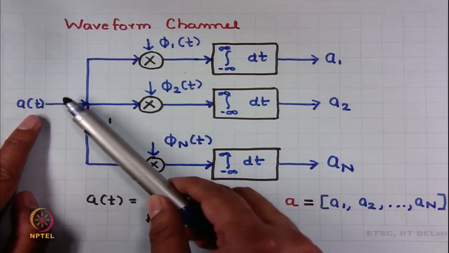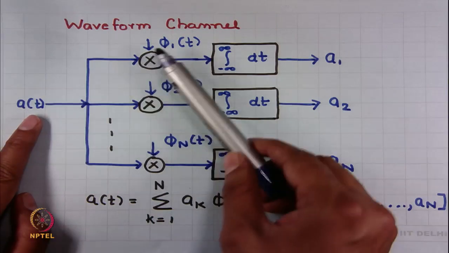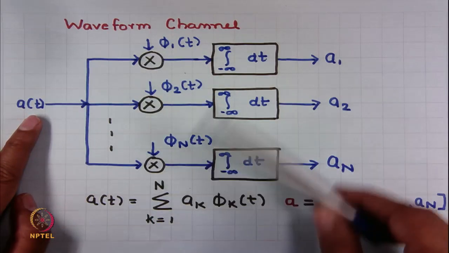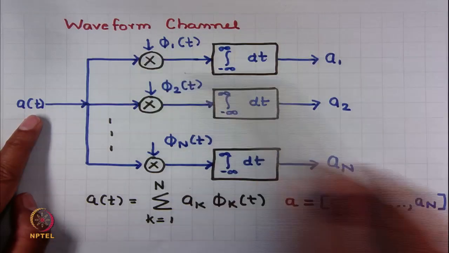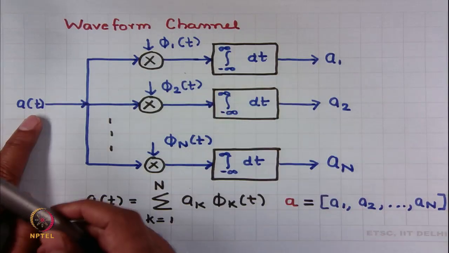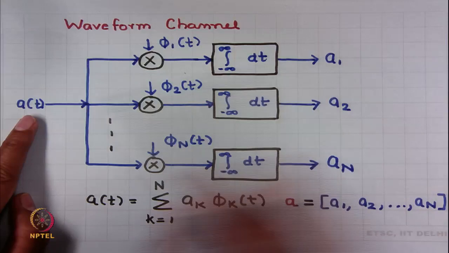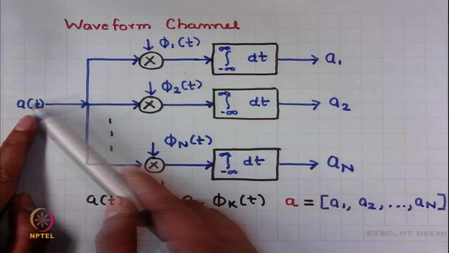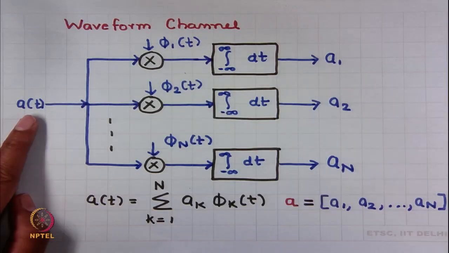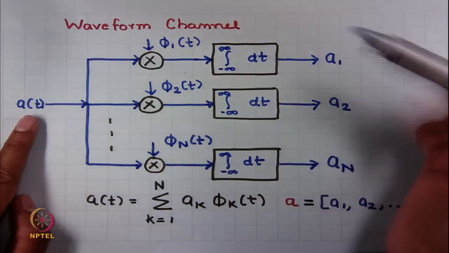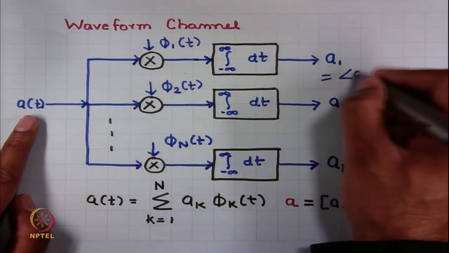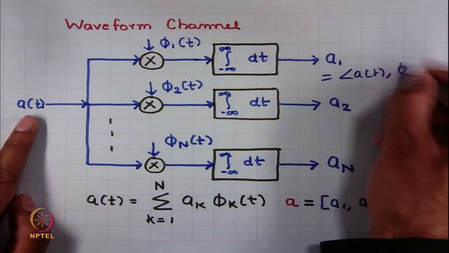Any waveform you can pass through various correlators. We know that this is a correlator tuned to this phi 1(t). This correlator will extract the component of A(t) along this phi 1(t). So, A1 as we have seen is nothing but the inner product of A(t) with phi 1(t).